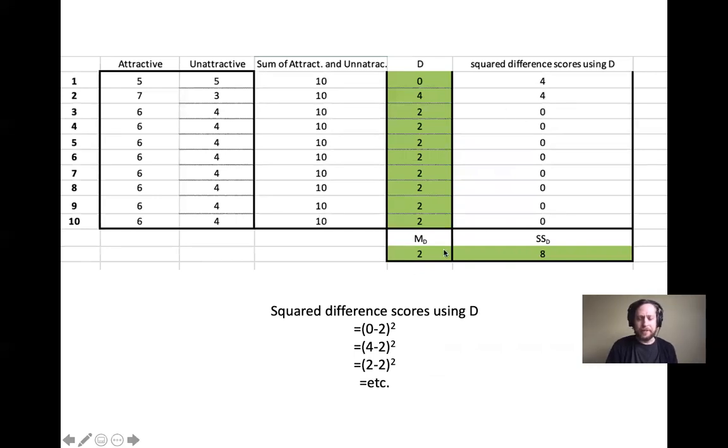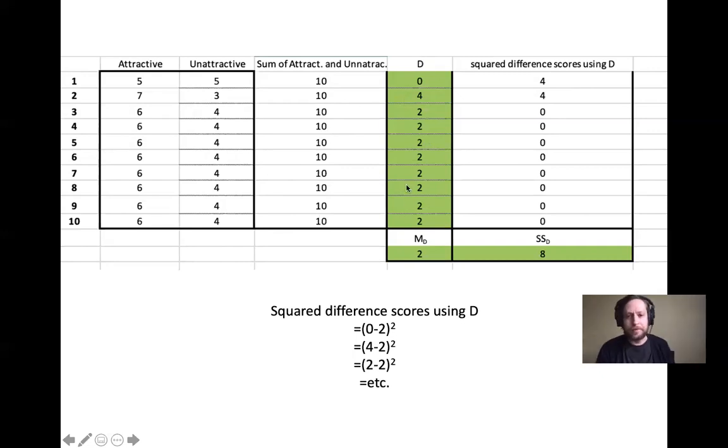Okay, so M sub D is calculated right here. You'll notice I've labeled this with D right here. These are the exact same numbers that I typed in on the previous slide, except they're already done for us. 5 minus 5 equals 0. 7 minus 3 equals 4. 6 minus 4 equals 2. And there's a whole bunch of 2s because 6 minus 4 happens for the last 8 participants in the study.